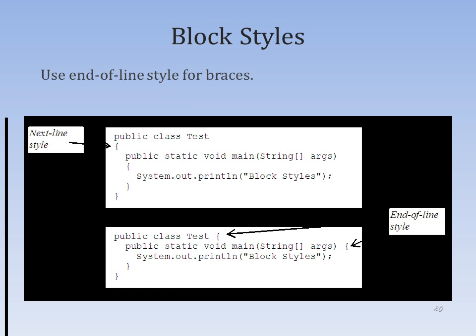Okay, up to this point, we've only had to concern ourselves with the block styles for the class and for the main method, and keeping the blocks together with the braces. There's two different thoughts about how you might do that.